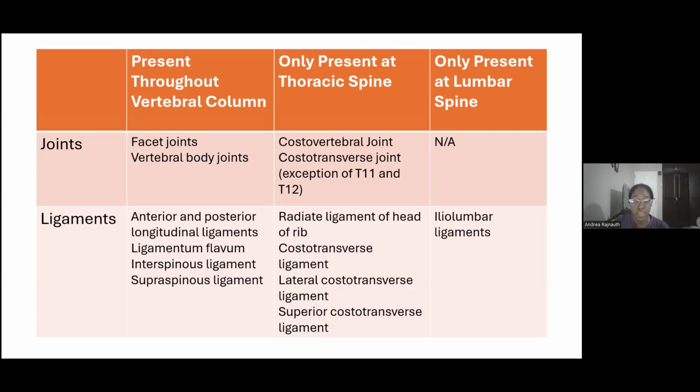Only present specifically at the thoracic spine are the costovertebral joints and the costotransverse joints, with the exception of T11 and T12. In regards to ligaments for the thoracic spine, only the thoracic spine has the radiate ligament of the head of the rib, costotransverse ligaments, lateral costotransverse ligaments, and the superior costotransverse ligaments. In regards to the lumbar spine, this is the only area that has the iliolumbar ligaments.